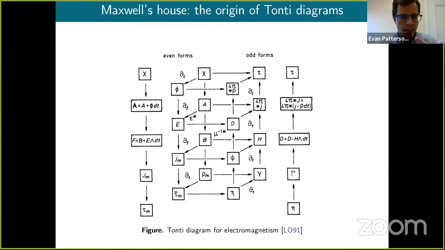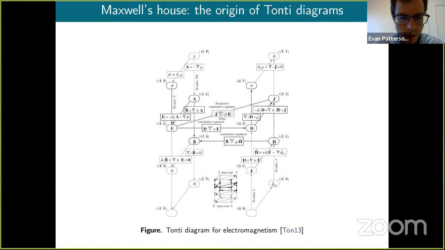There are all these different spaces involved, so it's natural to start to draw these pictures. People have drawn this picture, which some people call Maxwell's house, which shows all the quantities laid out in a fairly regular looking way.